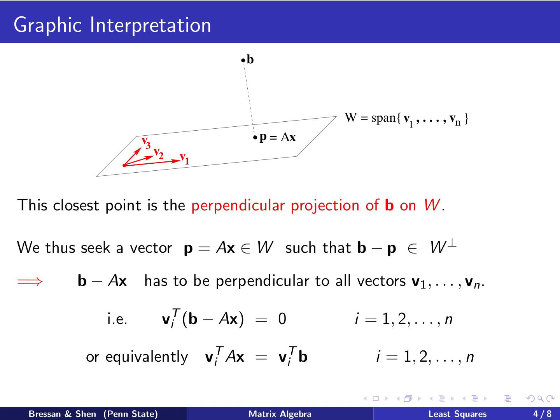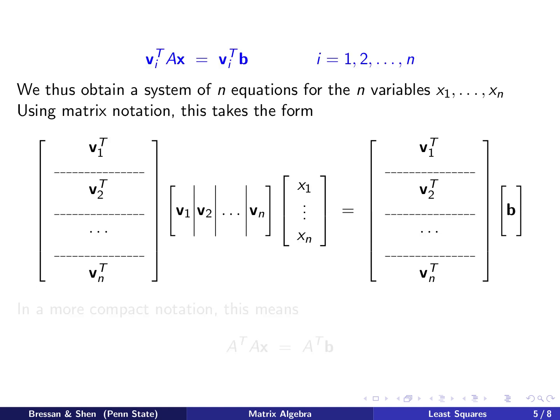This holds for every i, that is for i equals 1, 2, all the way to n. So basically, we obtain a system of n equations for the n variables x1 to xn. We can now write it out in matrix notation.